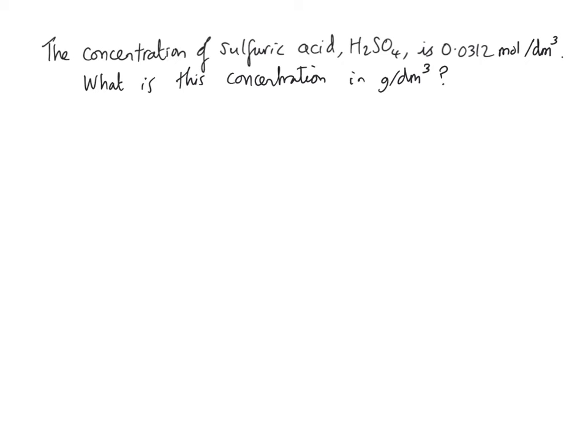Let's just consider one example of that. So if we had the concentration of sulfuric acid, H2SO4, is 0.0312 moles per cubic decimeter, what is the concentration in grams per decimeter cubed?